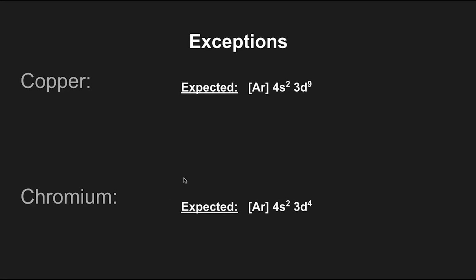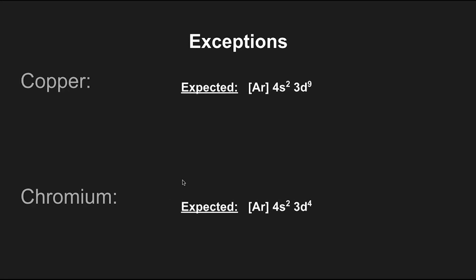Alright, so finally I want to go over some important exceptions when you're doing electron configurations. There are 2 main exceptions you have to keep in mind, and these are the electron configurations for copper and chromium. The expected electron configurations for copper and chromium are these right here.